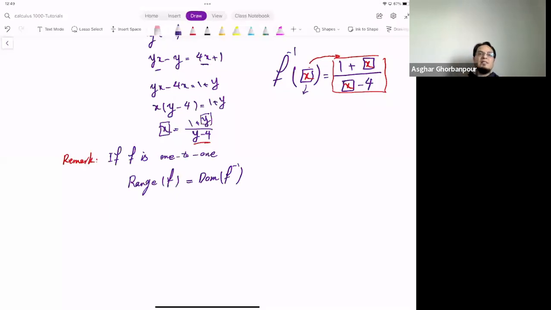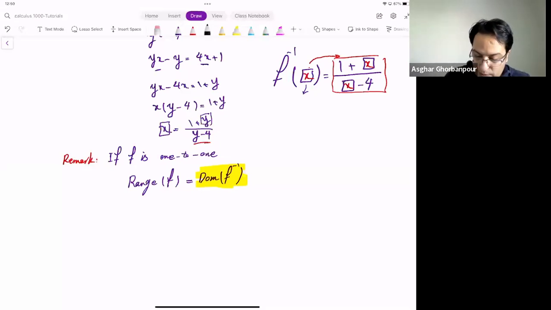Recall that finding domain is always easier than finding range. So by this, if you know what f inverse is, you're turning finding the range of a function into finding the domain of another function.